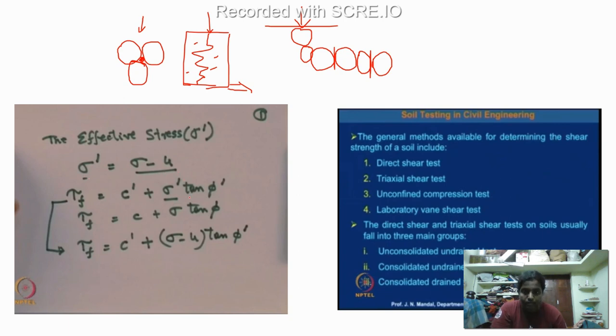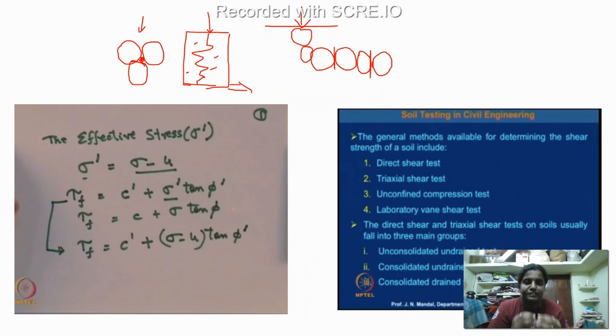In your shear strength equation, whether you are allowing your water to drain out from the soil or not allowing it to drain out, the behavior is going to be very much different. That is why they have formulated it in terms of total stress and effective stress equations.